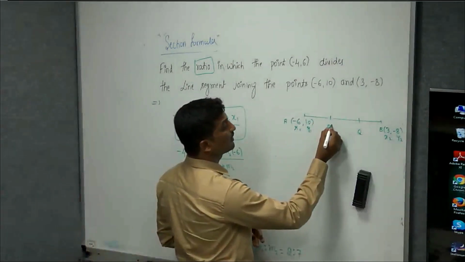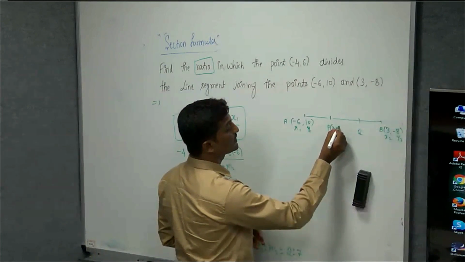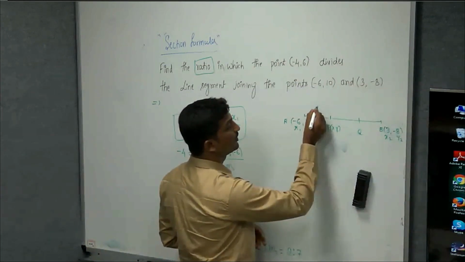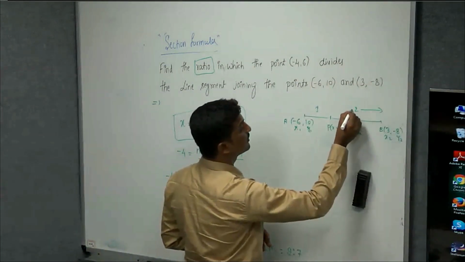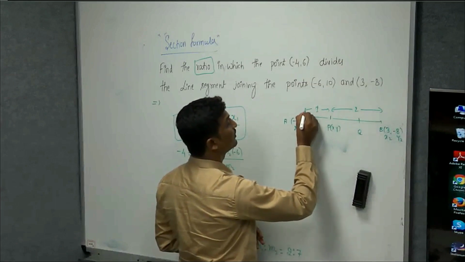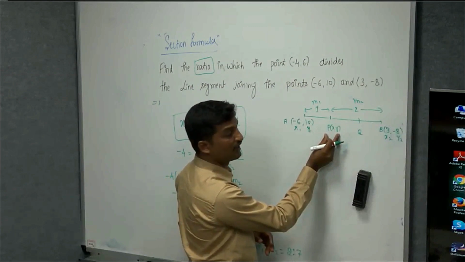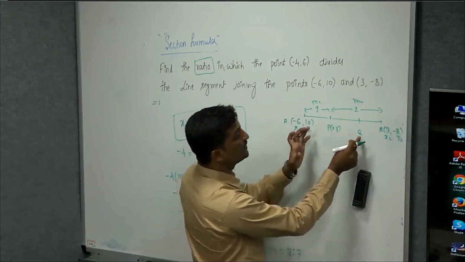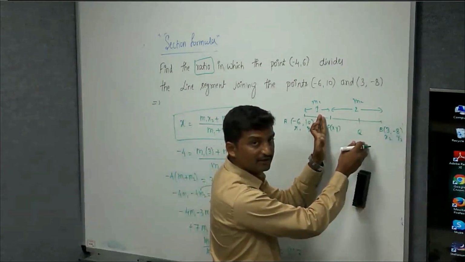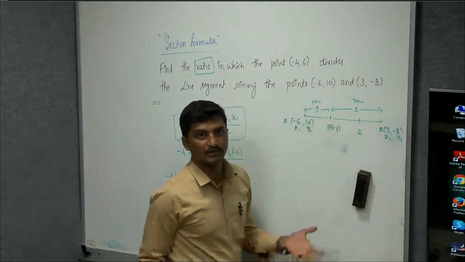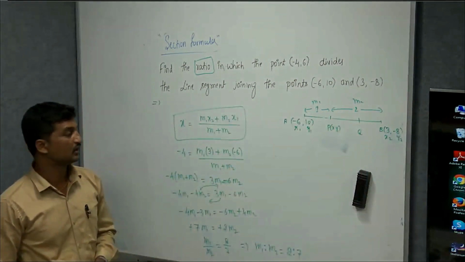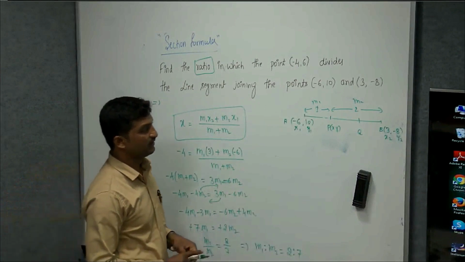If you want to calculate the coordinates of P, take this as one part and this as the third part, so this is m1 and this is m2. After calculating this coordinate, Q will become the midpoint, and then you can calculate easily. That's about trisection. It will be very easy.